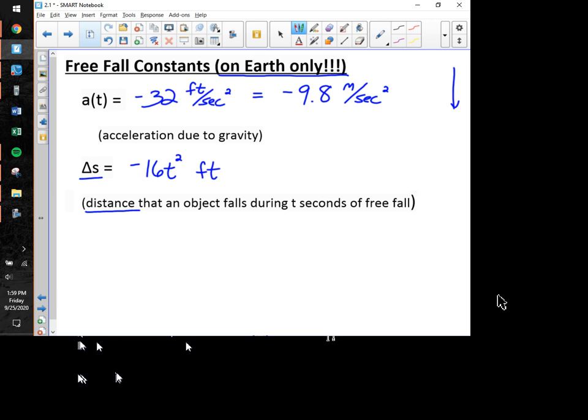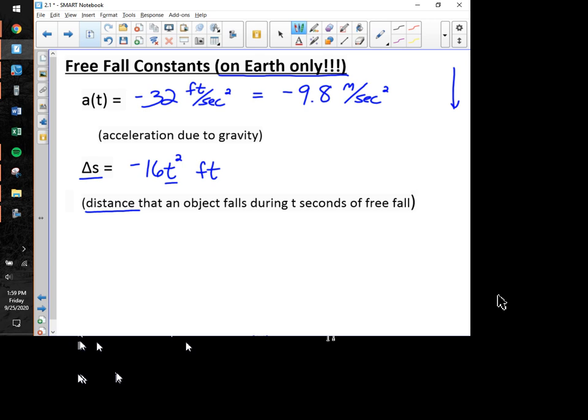So what that means is if you want to know how far an object falls during, let's say, 3 seconds of free fall, you'd go ahead and put a 3 in here for t, square it to get 9, and multiply it by -16. That means that an object moves -144 feet during free fall, or its displacement is -144, meaning that it's falling down that far.